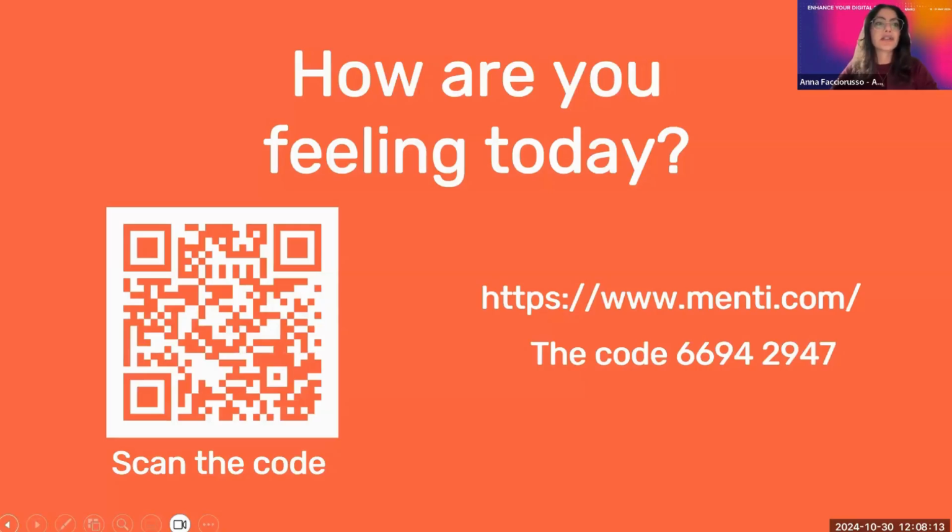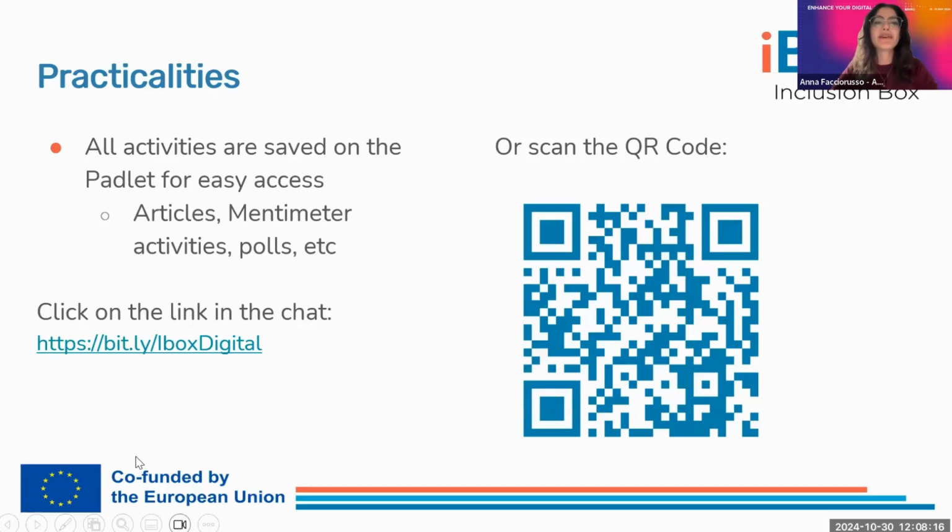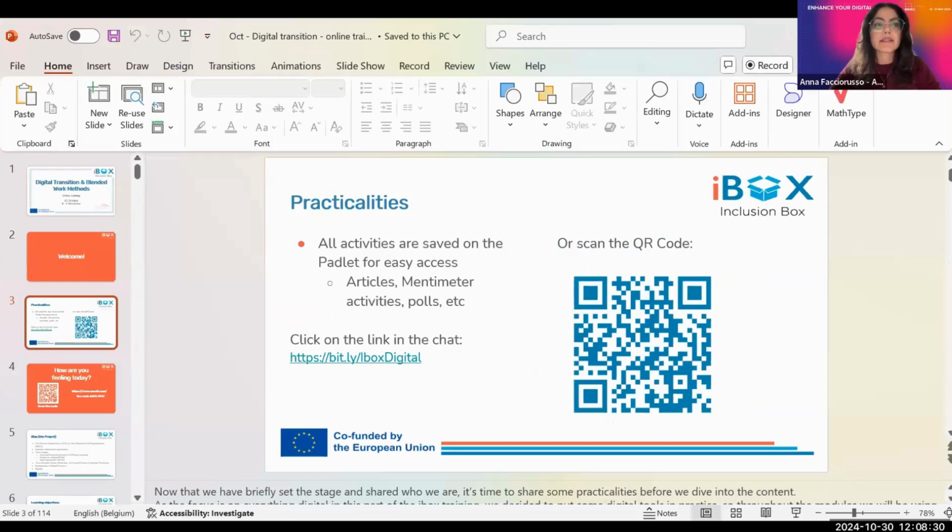And if you can actually share the Padlet page, we can briefly see all together how it looks. For those that have already opened it, you will see different columns. The first column is dedicated to module 1, the second to module 2, and the third to module 3.